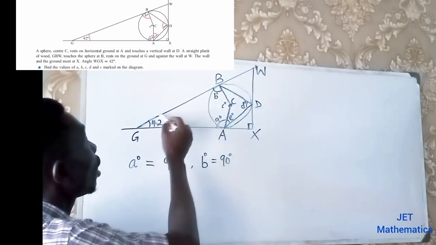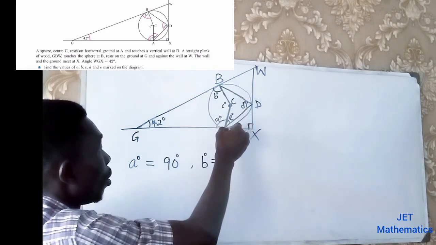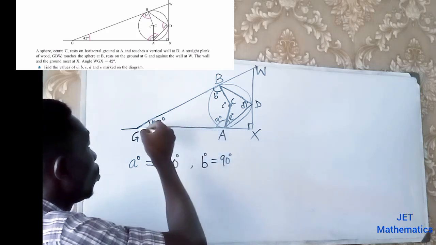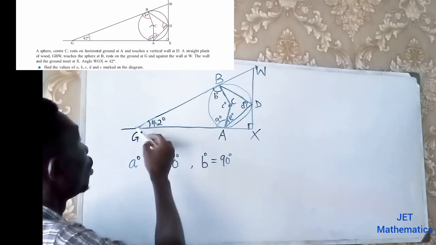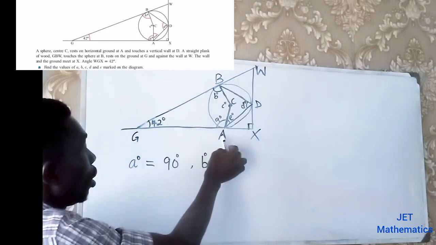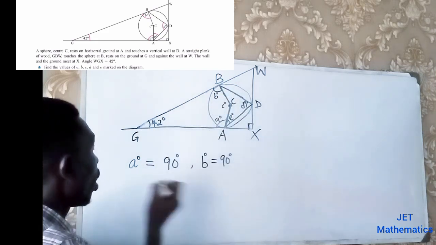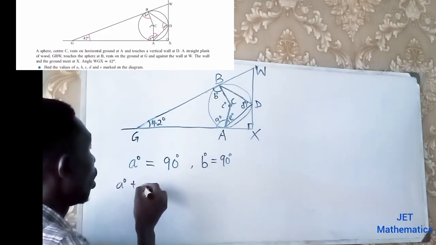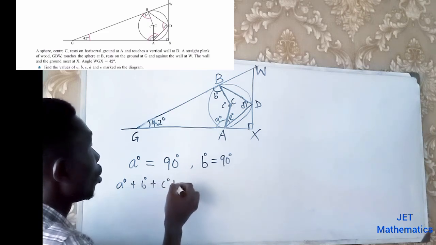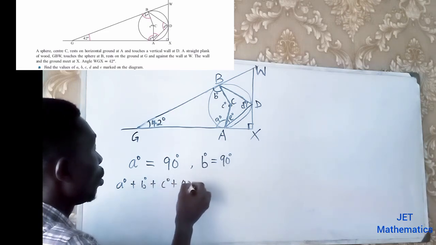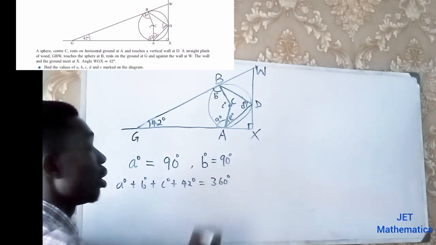We can consider the quadrilateral. This is a quadrilateral, a four-sided shape. If we consider the quadrilateral GBCA, we have that angle A plus angle B plus angle C plus 42 degrees will be equal to 360 degrees.